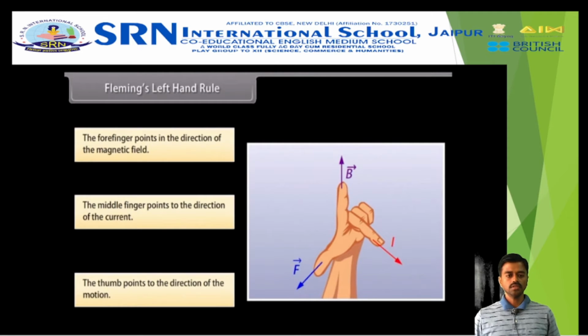So this is the Fleming's left hand rule. Here we can see this thumb will show you the direction of motion. This forefinger will give you the direction of magnetic field, and the middle finger gives the direction of current. Now all three fingers should be perpendicular to each other.